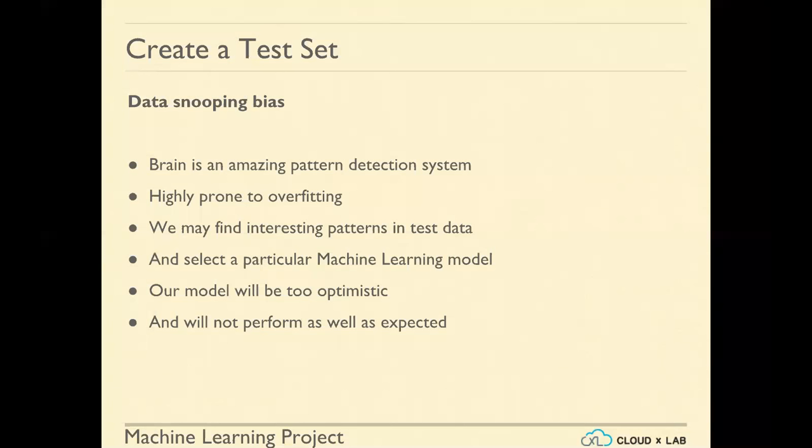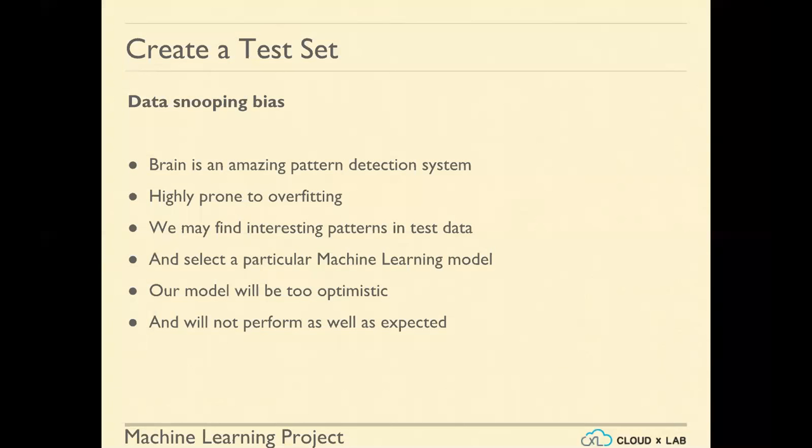It's like in an exam: while preparing, we just look at the answer sheets and memorize everything, or we form some kind of pattern from the answer sheets and memorize it. There are many snooping biases, and memorizing is one of them.